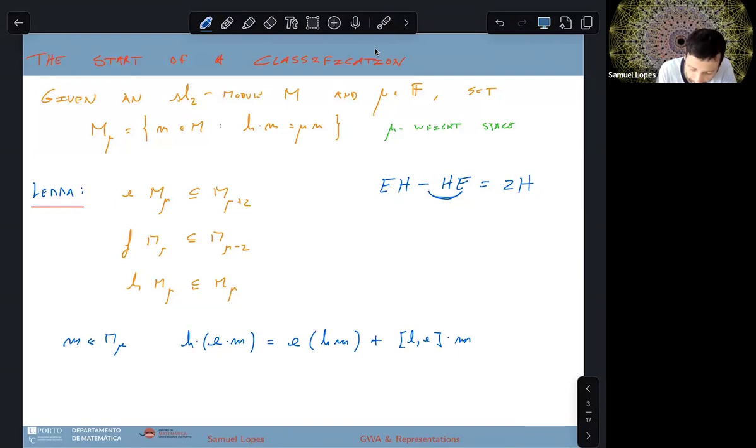This just follows from this relation, but this is a better conceptual way of thinking about it: I can change the order of the action if I compensate by adding the commutator of the two things that I'm interchanging. By hypothesis, H acting on M is just mu times M, and the bracket of H and E, one of the famous relations, is 2E. This is a linear action, so the scalar mu can come outside.